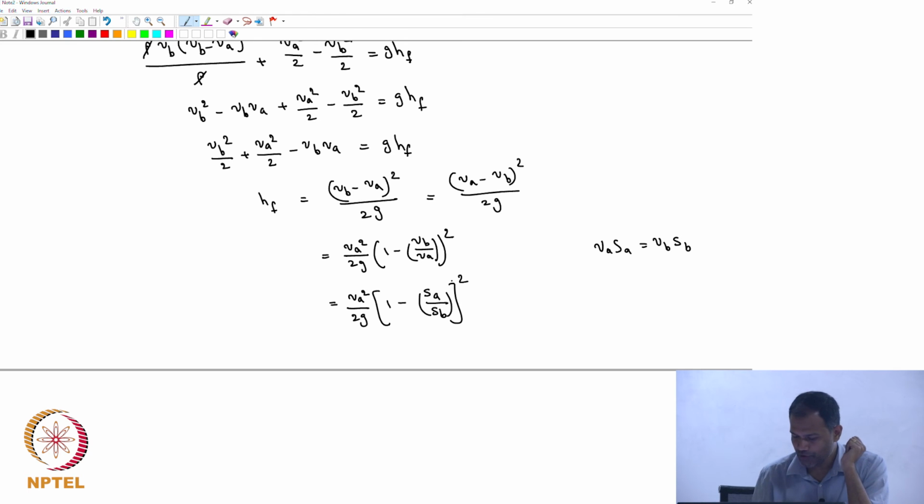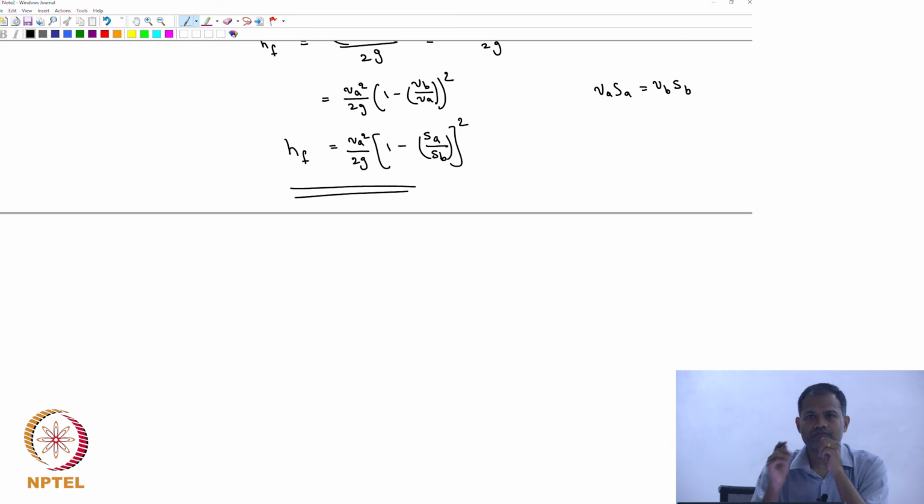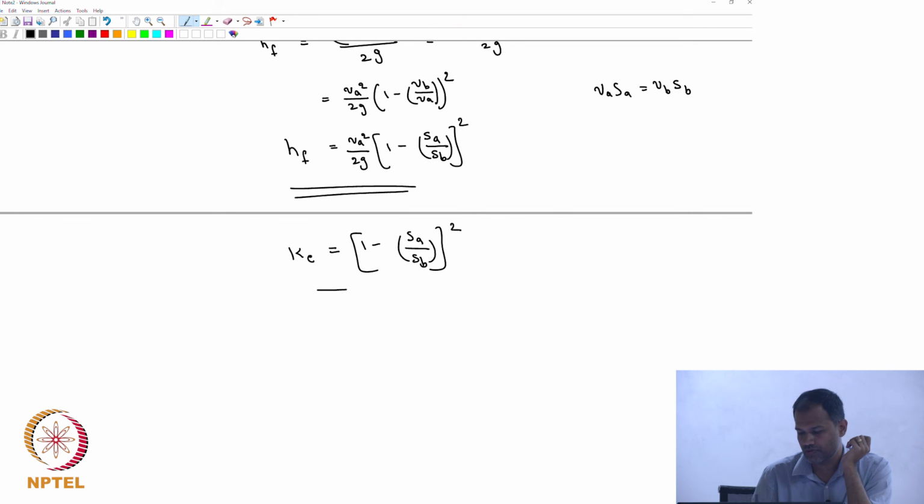So what would be our loss coefficient therefore? KE will be equal to this, so that's the expansion loss coefficient. And it seems to be working fine, so the assumptions that we made should be okay.